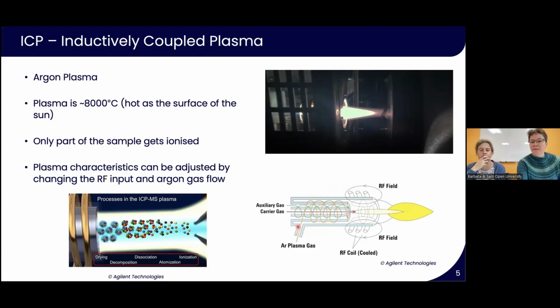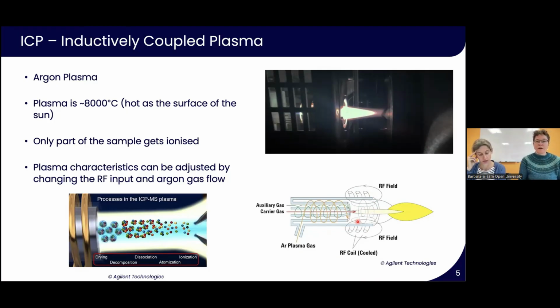You can see that gas gets introduced in different ways, and the carrier gas, which contains our sample, either solution or laser, is injected into the middle and surrounded by other gas flows. Here in white you can see the RF coil, which is where a spark is created, which excites the argon, and the excitement of the argon is what creates the plasma.